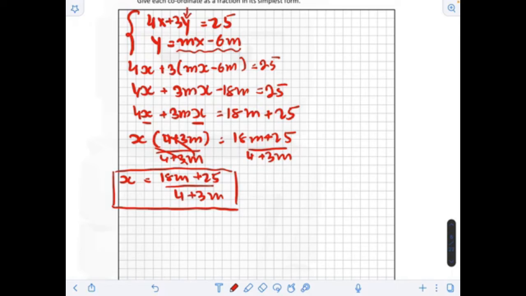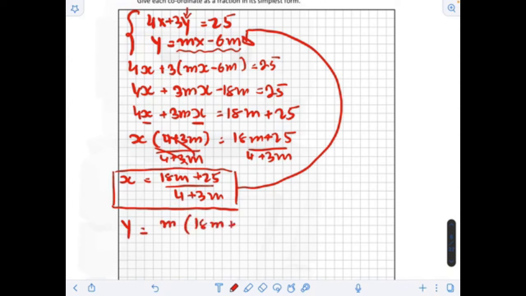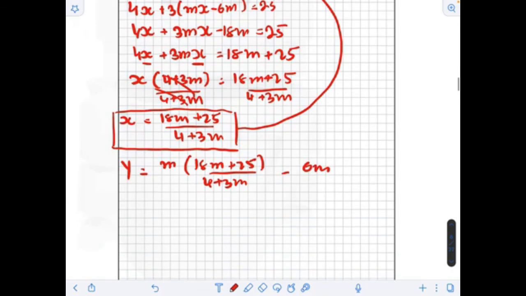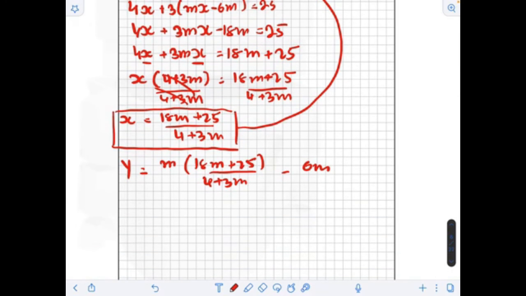Now we need to find the y. So we take this x and we sub it in for the x in y equals mx minus 6m. So y equals m multiplied by our x that we found a moment ago, minus 6m. They said tidy it to the smallest possible fraction, so I'm going to do that.